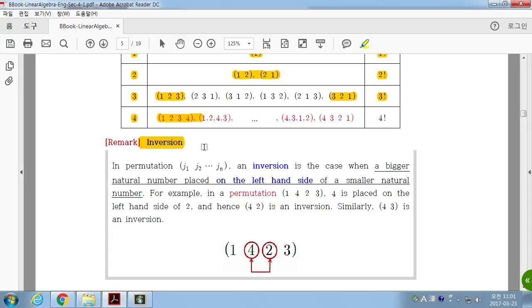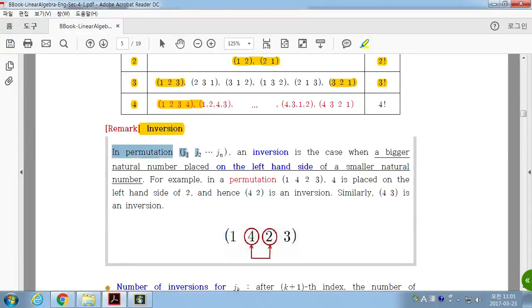Next, we define inversion. In a permutation j1 to jn, an inversion is the case when a bigger natural number is placed on the left-hand side of a smaller natural number.